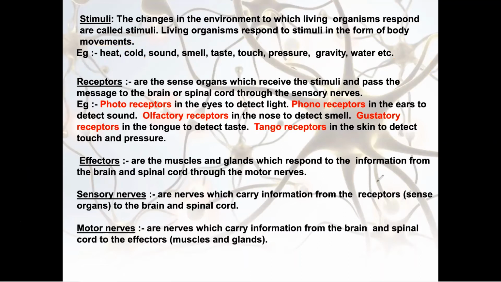Then the second one is the receptor. Receptors are something that receive the stimuli, right? As the name indicates, receptor. It receives the stimuli. There are different receptors. Photoreceptor, as the word indicates, photo, what is the meaning of photo?